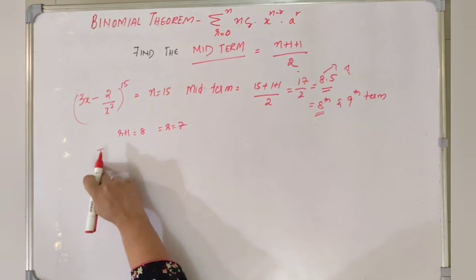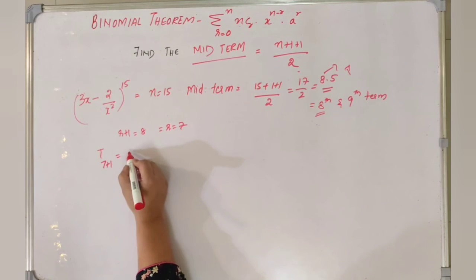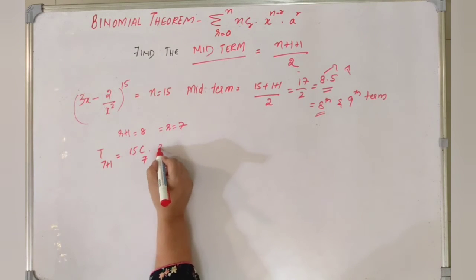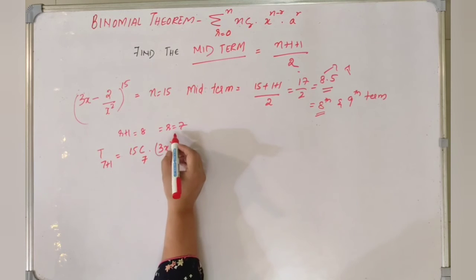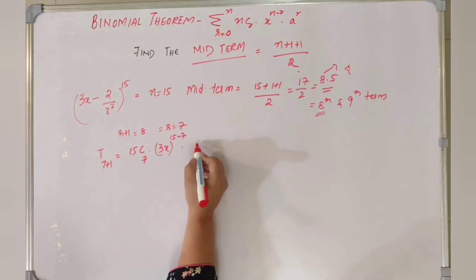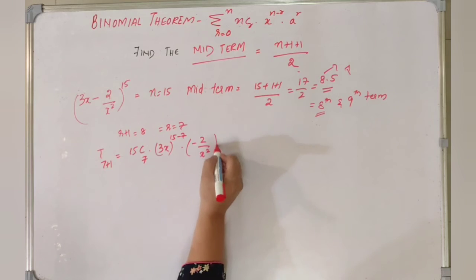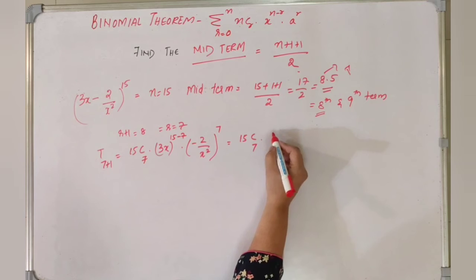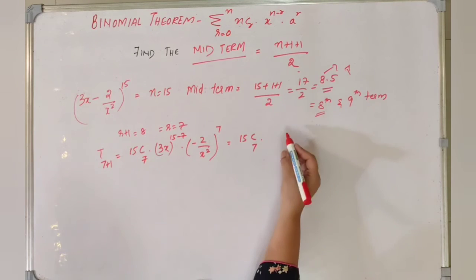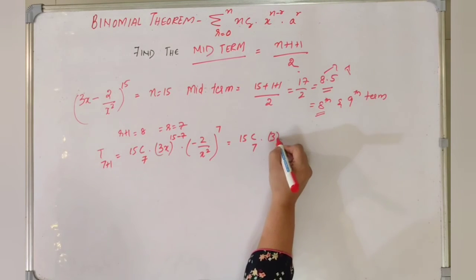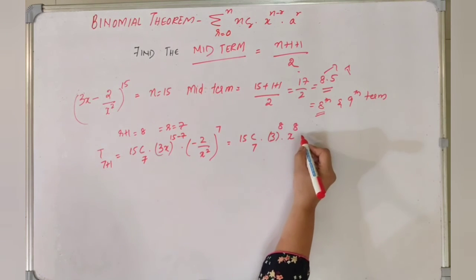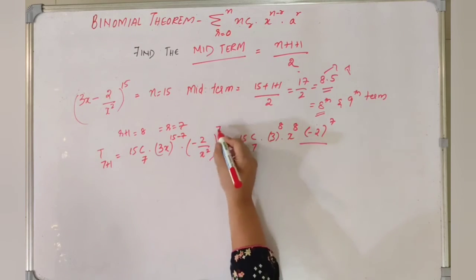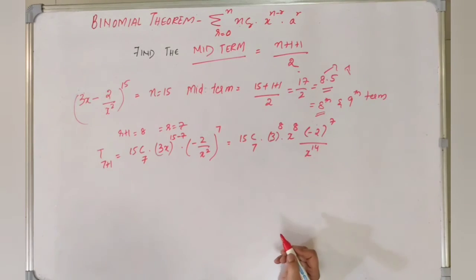So we'll have T(7+1) is equal to 15C7 into x, which is 3x, to the power n minus r, 15 minus 7, into (-2 / x squared) to the power r, which is 7. So we get 15C7 into 3 to the power 8 into x to the power 8 into (-2) to the power 7 over x to the power 14.